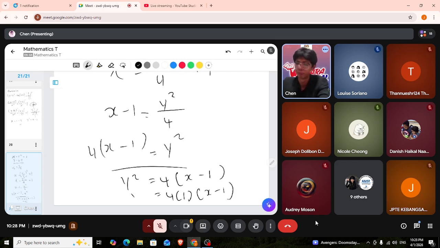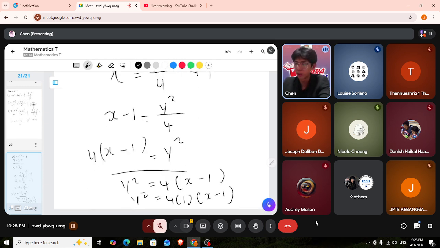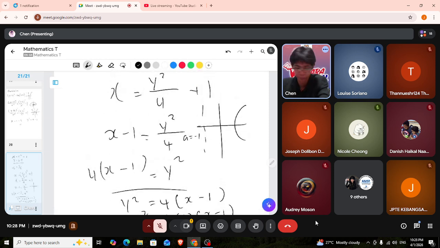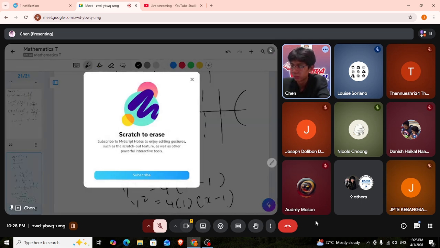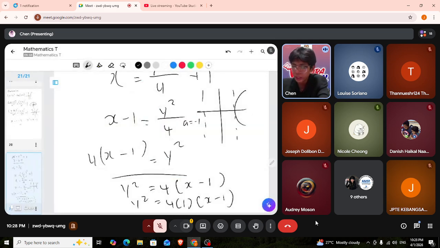So the parabola, if you sketch it, is like this. Have the directrix here. A equals -1. Then right here, this is actually the directrix as well. But remember, here a is -1, and this is a equals to 1.